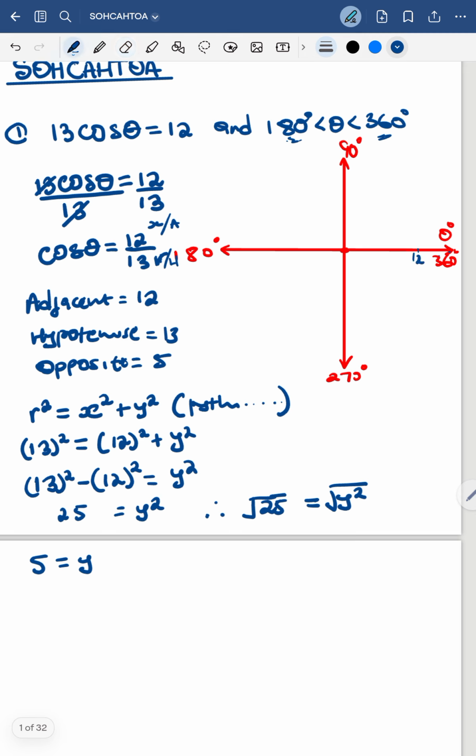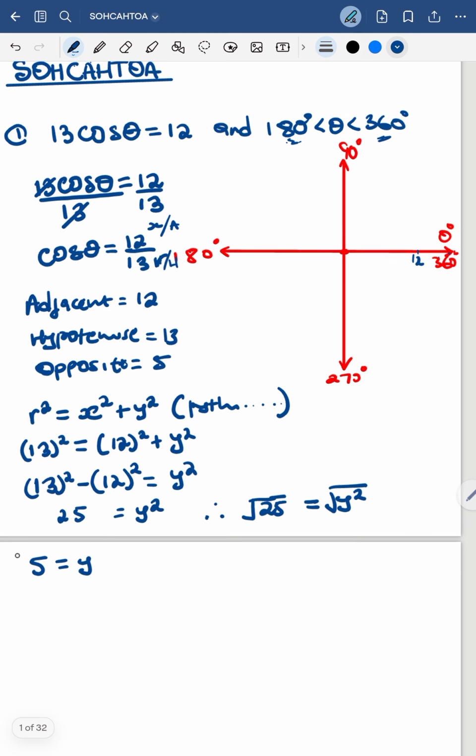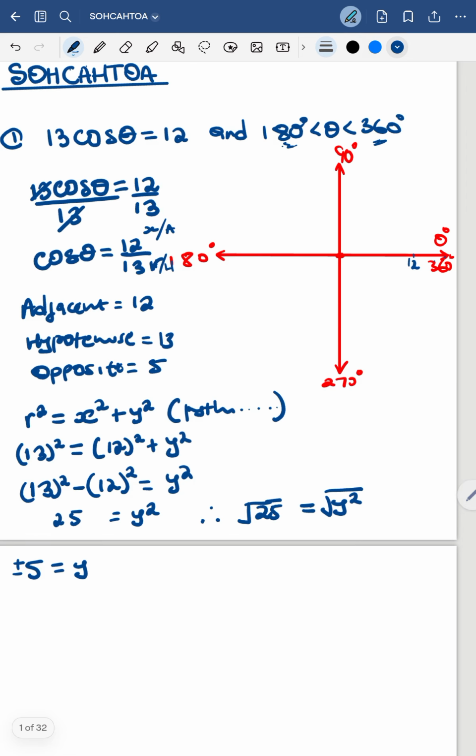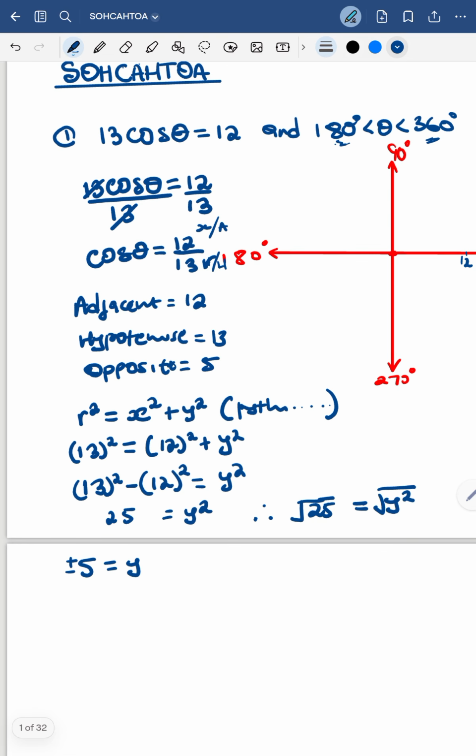Then our y, okay, so we made a mistake here. I always say that when you are doing the square root calculation, you must always put plus or minus there. Ne? It's called the square root rule because this is possible both positive and negative.